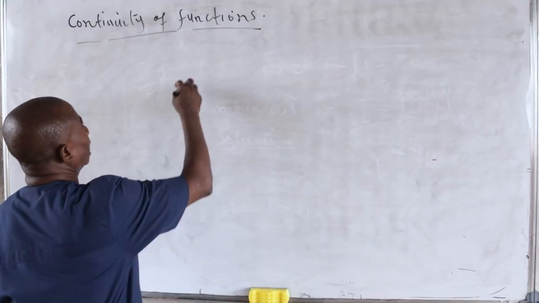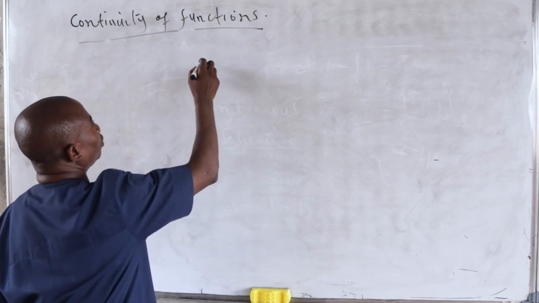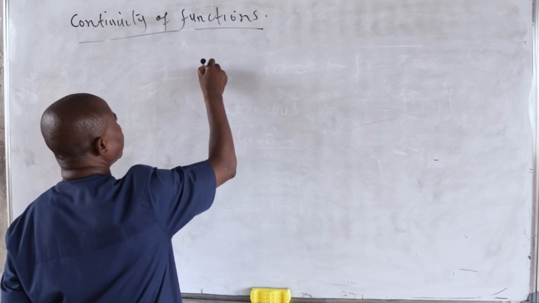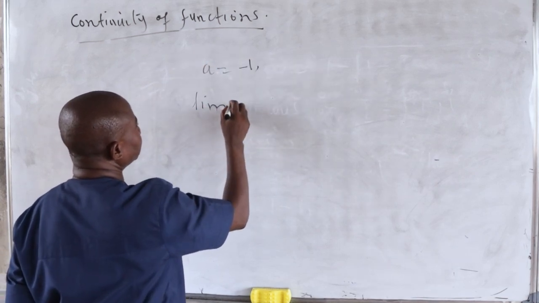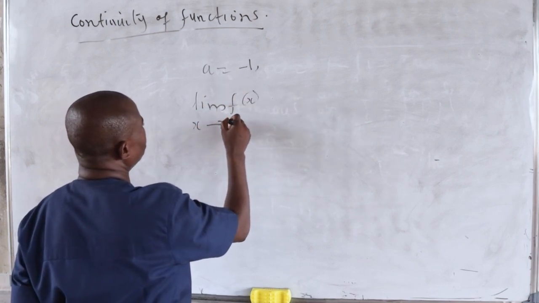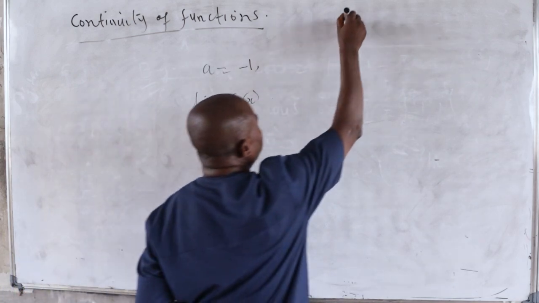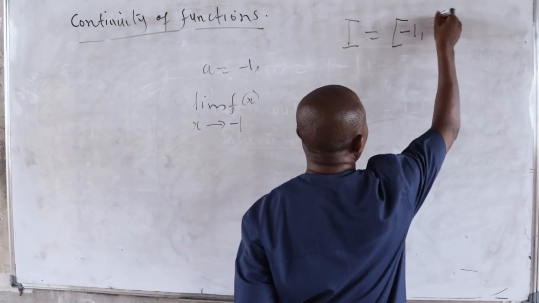So at the point x equal to -1, in this case our a is -1. So we're considering the limit of f of x as x tends to -1. If you look, our I is the interval [-1, 1].